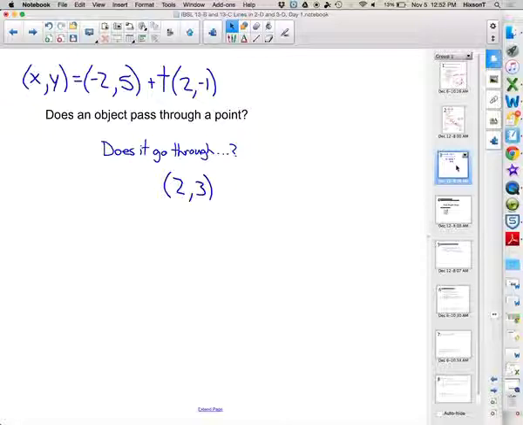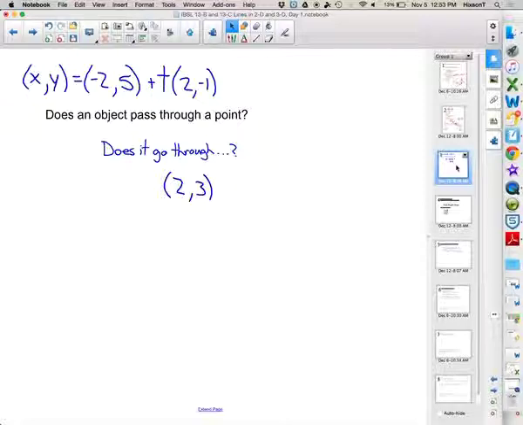What's going to have to happen in order for this to go through the point (2, 3)? You do a system of equations. What do you mean? Well, you could solve for t. You're right. The horizontal and vertical components both have to go at the same time to meet a point. Okay, and that's what you would find.